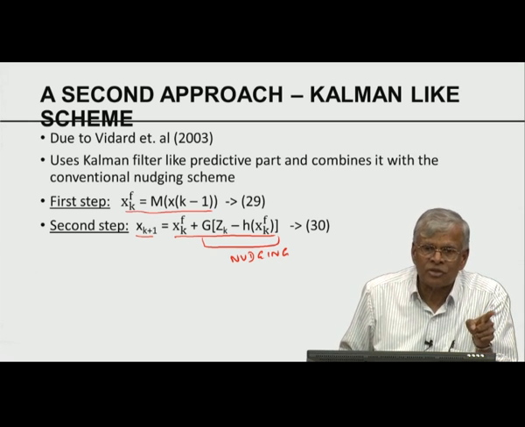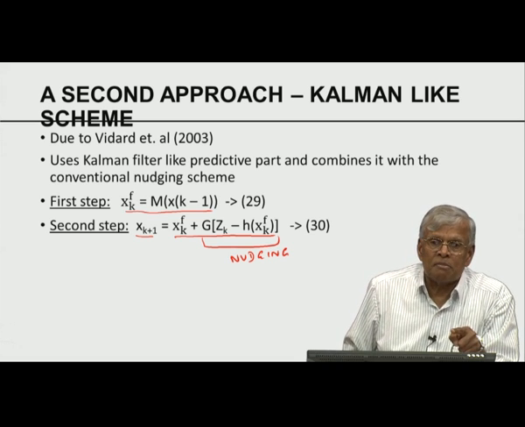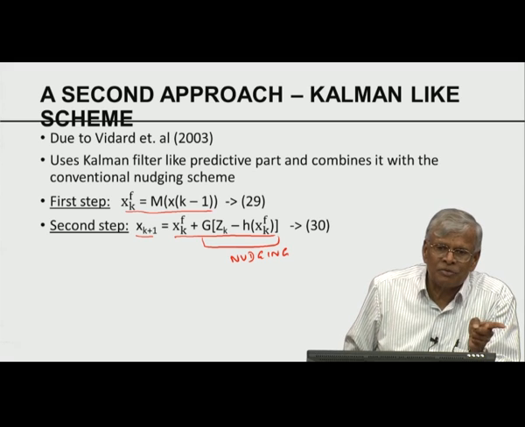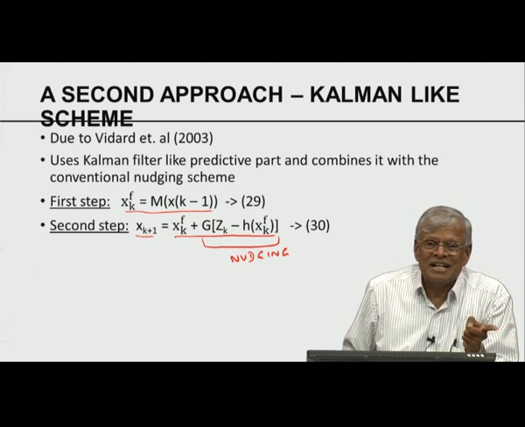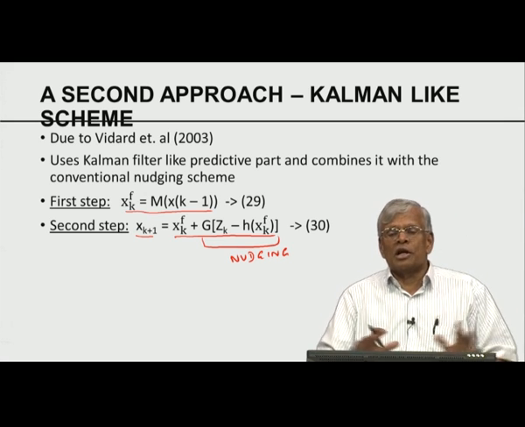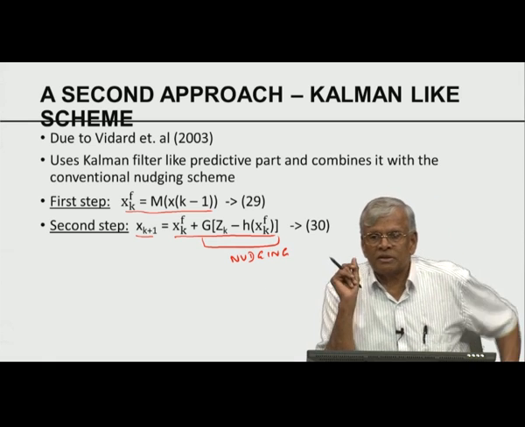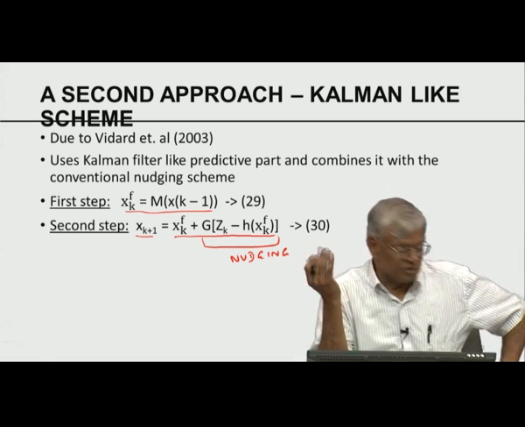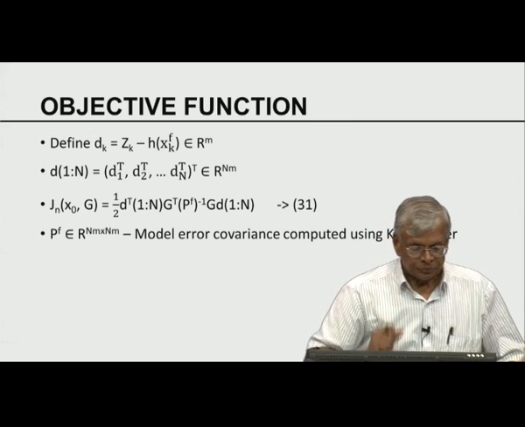So you make a forecast and then you create an analysis. The forecast comes from the model, the analysis comes from the nudging. The nudging uses a G. G plays the role of a Kalman filter, and they would like to be able to determine G using methods similar to the arguments in Kalman filter. You can see how the hybridization comes into play. So that is what I am going to quickly describe.